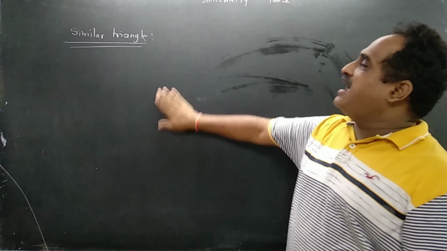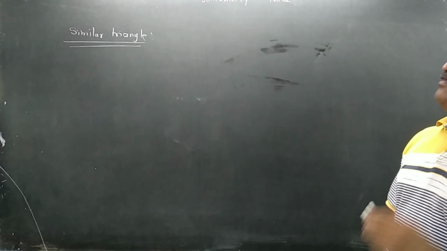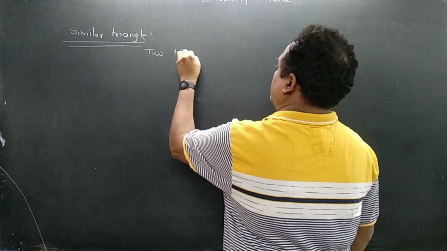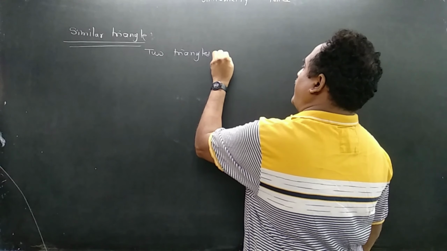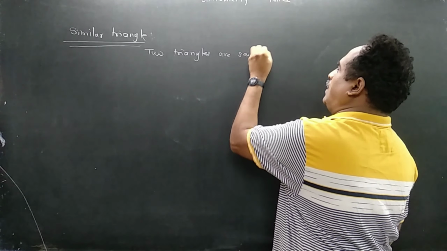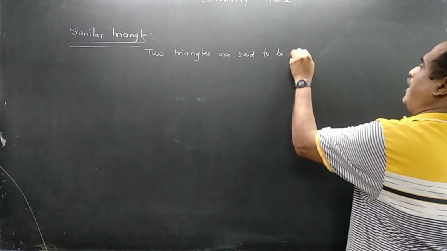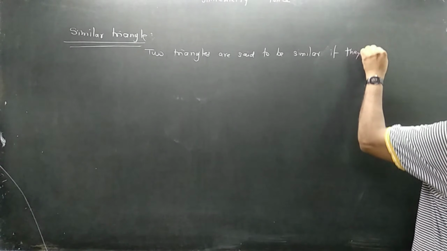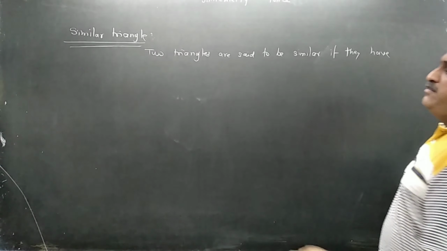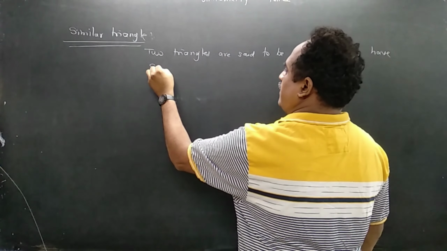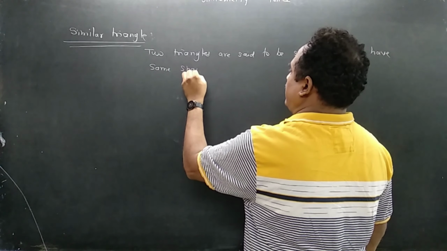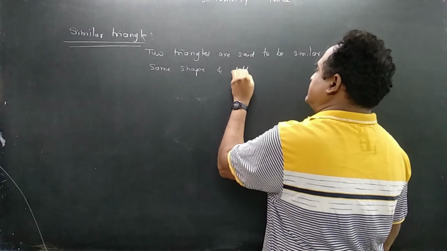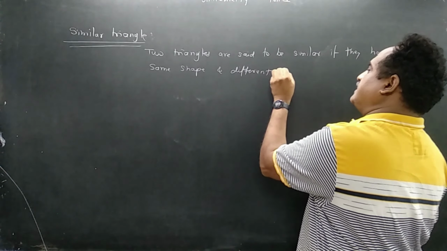And the simple definition of similar triangles is: two triangles are said to be similar if they have same shape and different size.